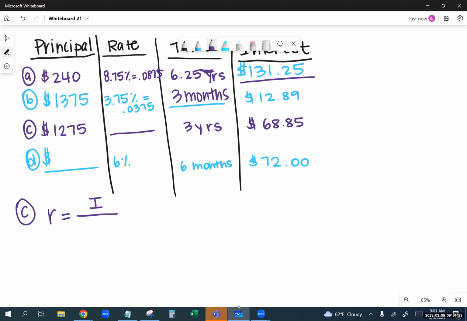Rate equals interest over principal times time. Okay, so let's do it. My rate is going to be equal to, in part C, my interest is 68.85, and my principal is 1275 times my time, which is 3.